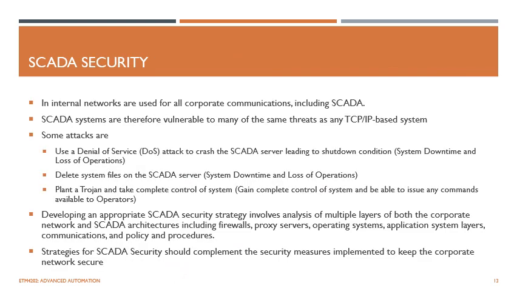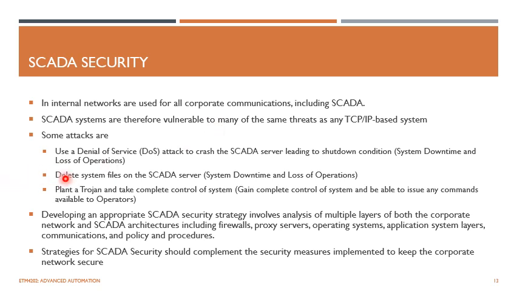Like any system, SCADA also needs security in order to protect the system from fraud. Internal networks are used for all corporate communications, so that is a huge risk even in SCADA. They are vulnerable to many threats due to these TCP/IP based systems. The attacks could be a denial of service, DoS attack, which crashes the SCADA server or shuts down the system.